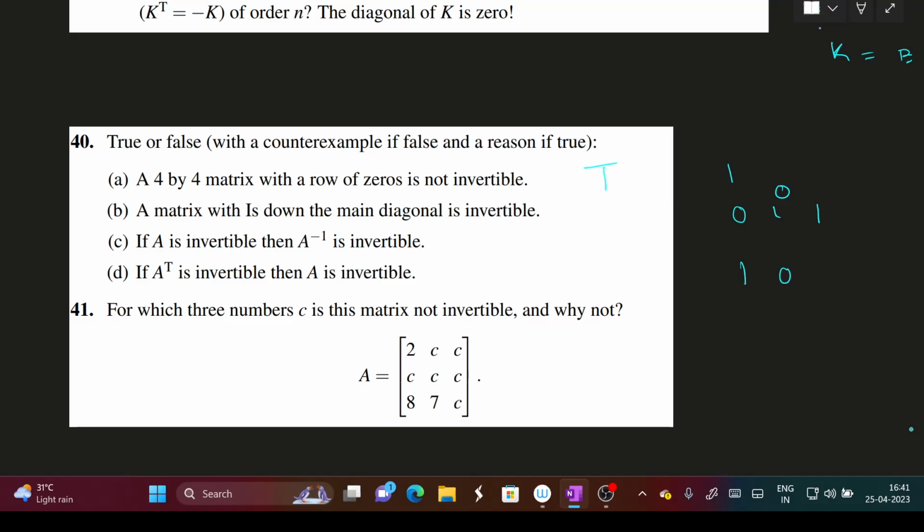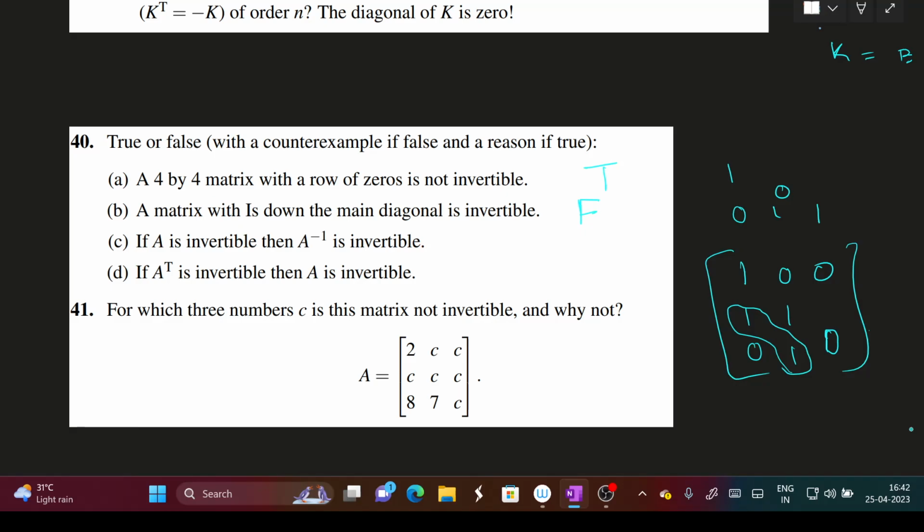So it is 1 0 0 1. Here ones are down the main diagonal, but if this element is 0, then it has one pivot missing, hence it is not invertible. So it is false.